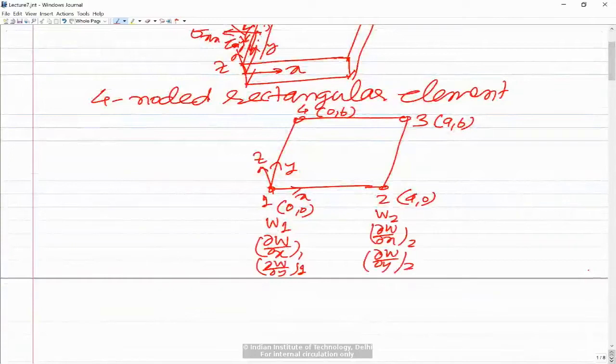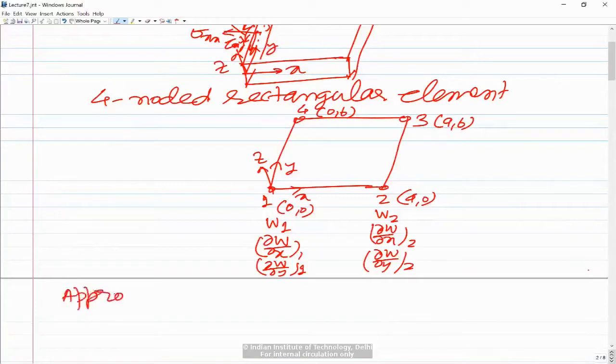Similarly at node 3 and 4. So at each node we have 3 degrees of freedom: the transverse displacement w, and the rotations del w by del x and del w by del y. There are 4 nodes, so there will be a total of 12 elemental degrees of freedom. So whatever approximate solution we assume should have 12 terms.